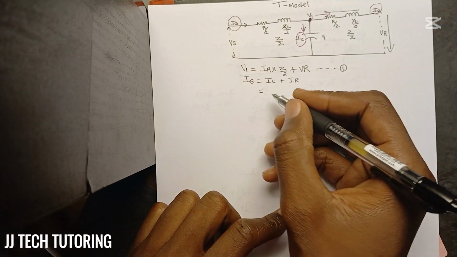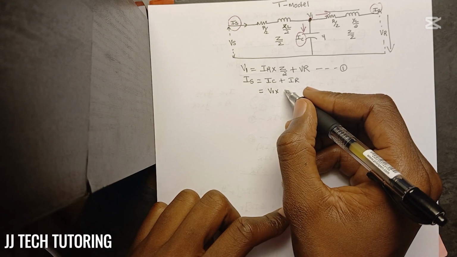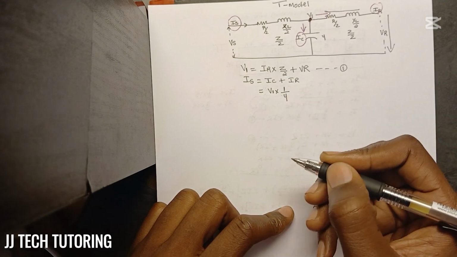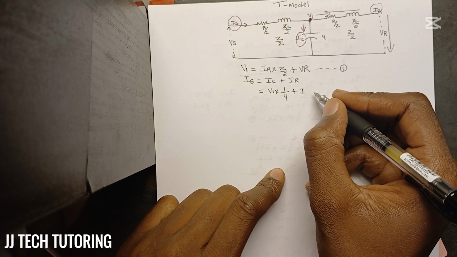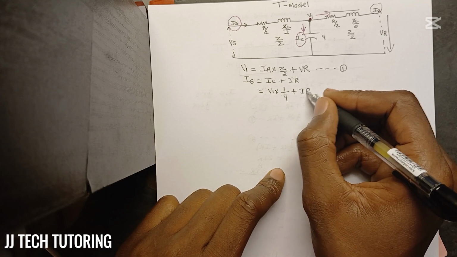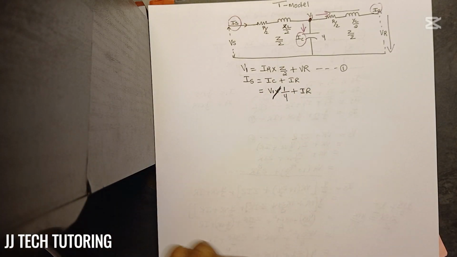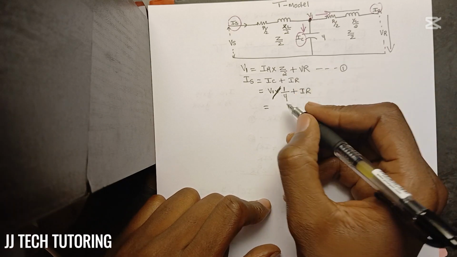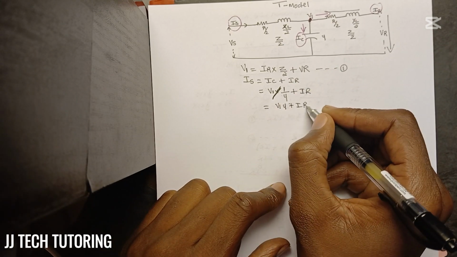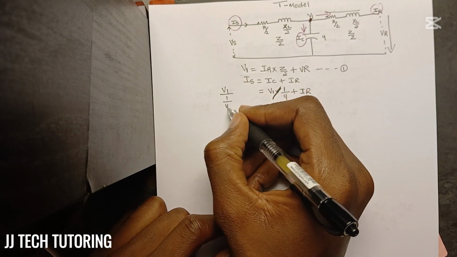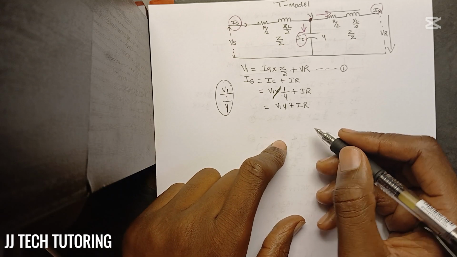Since there is a voltage here, it's just going to be V1 multiplied by the admittance, Y, plus IR. You know very well that we will end up with V1 multiplied by Y.